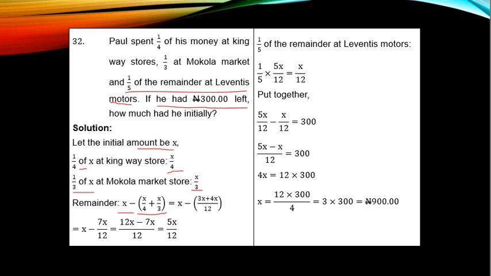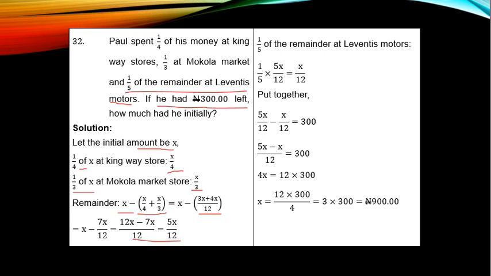Okay, if you simplify the bracket now, the LCM is 12. You get this expression. So if you open the bracket, 3S plus 4S first is 7S/12. So you have S minus 7S/12. If you simplify further, you have (12S minus 7S)/12, and that is 5S/12. So this is the remainder.